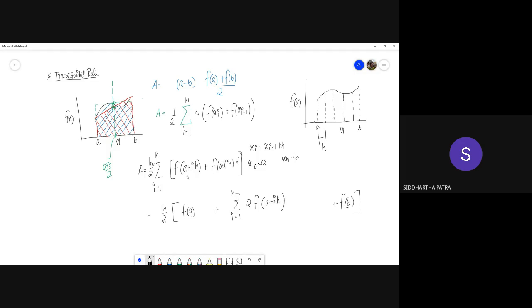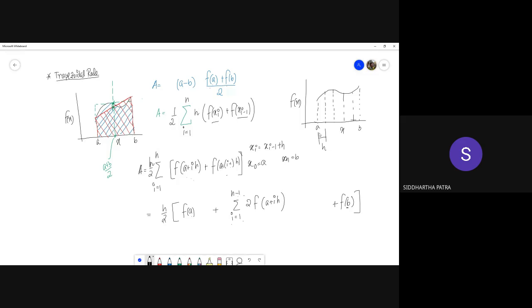Because of this taking average of f(xi) and f(xi minus 1), each f(xi) appears twice for i equals 1 to n minus 1.